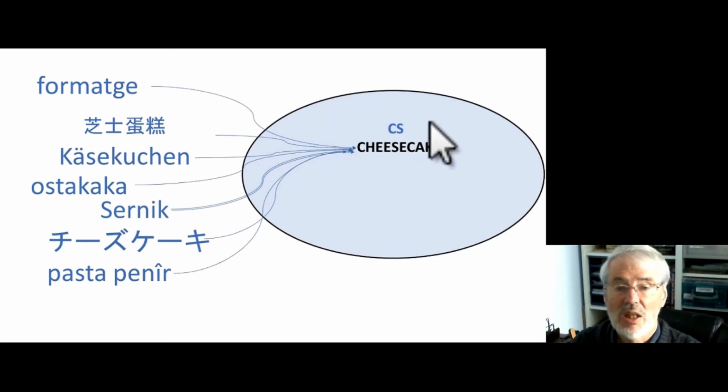This is just a description of the meaning. These are examples of various languages which have the equivalent of a cheesecake. You've got what I think is Catalan, and this is Mandarin, and this is German, and this I think is Icelandic, this is Polish, this is Japanese, and this is a version of Kurdish. So many languages will have their own ways of expressing this particular concept.